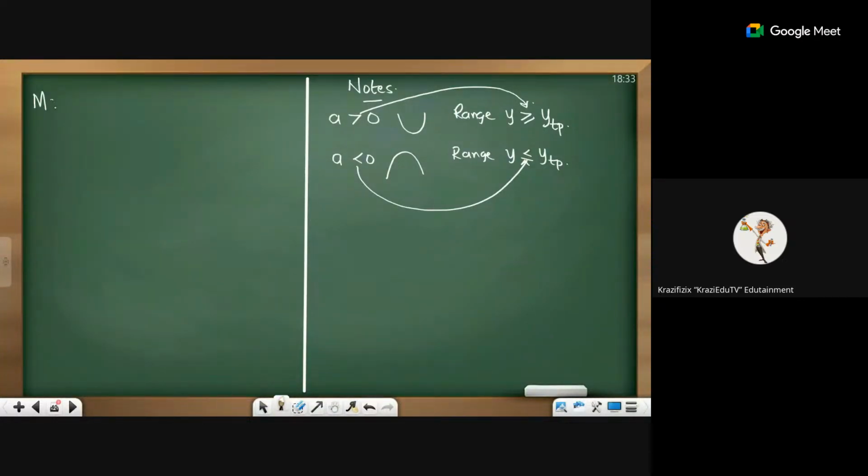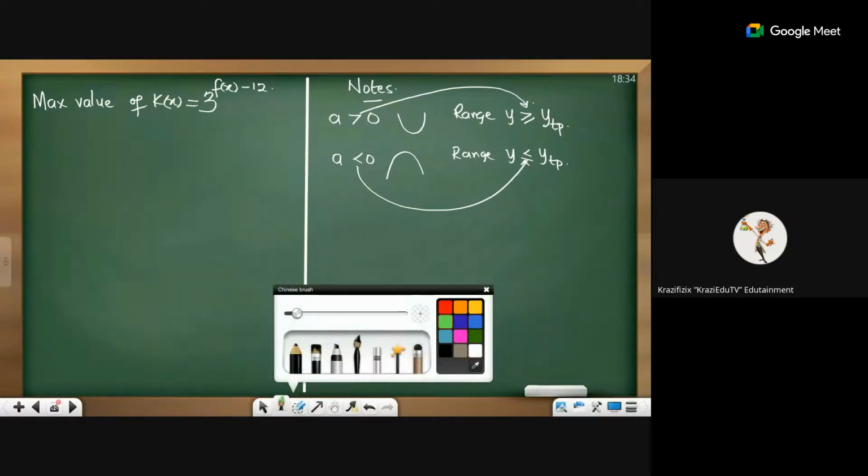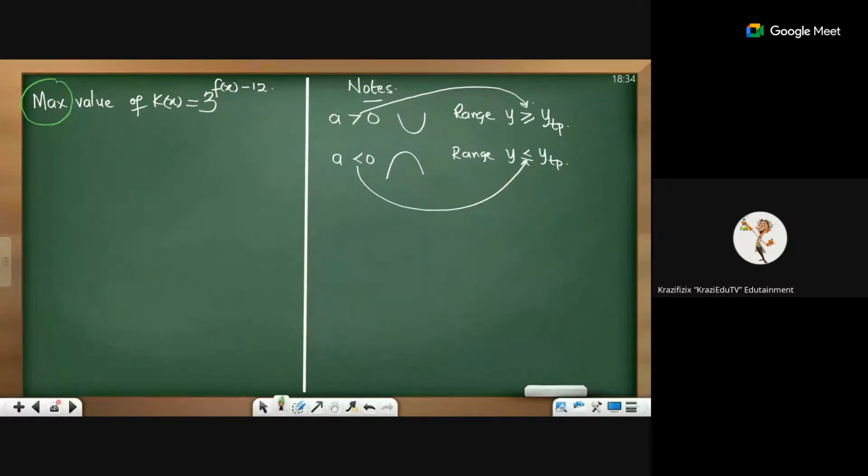The maximum value of k of x, if k of x is 3 to the power f of x. Two interpretations I want us to see. Number 1, maximum talks about what? Turning point. Number 2, f of x talks about what?